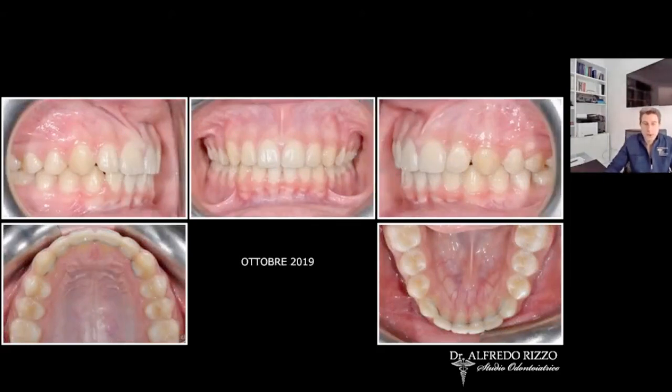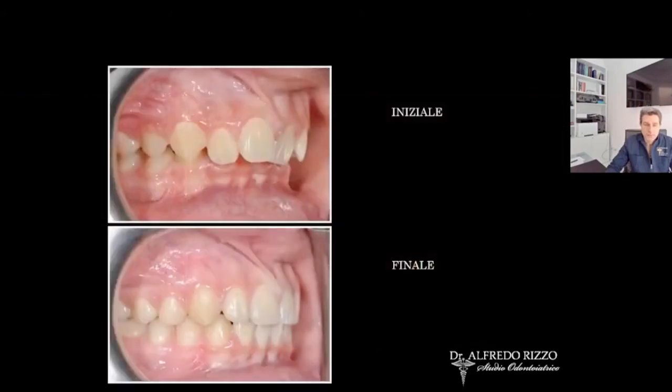In October 2019, we already see the final result with an ideal bite on the right and on the left with the aligned dental arches of the upper and lower jaw with a complete correction of the deep bite. This was the initial situation, and you see the final outcome.